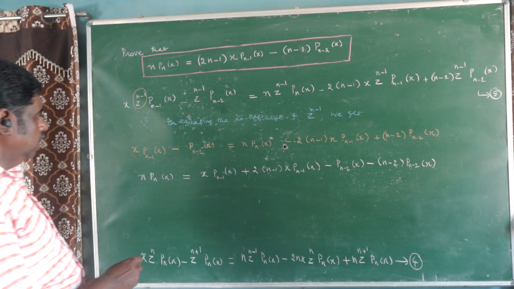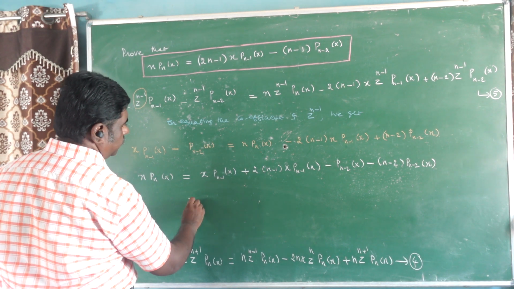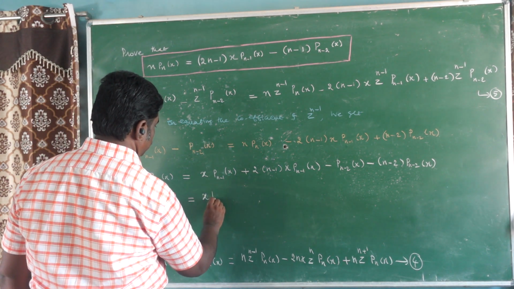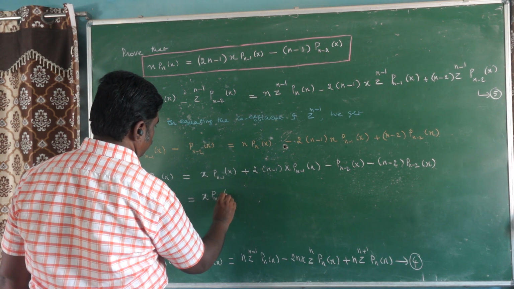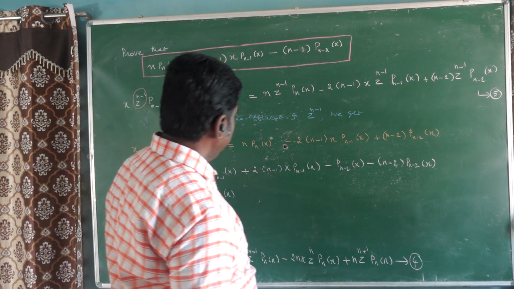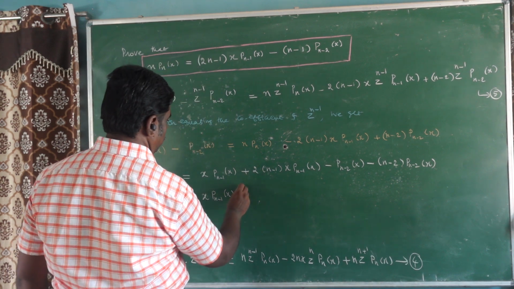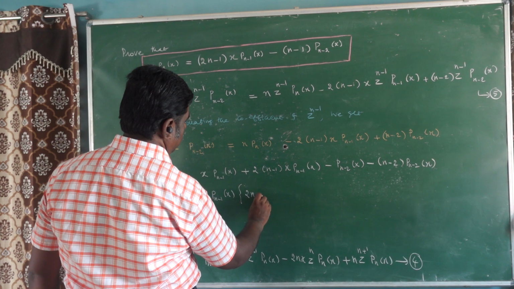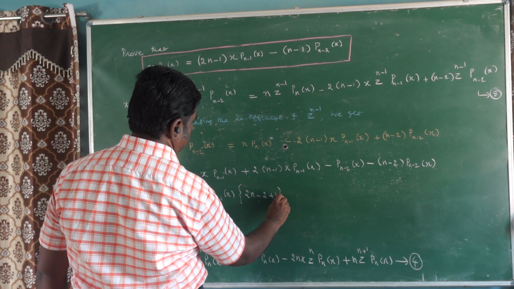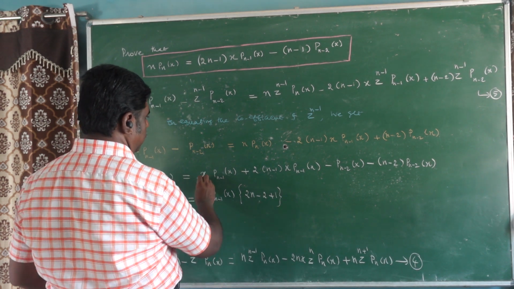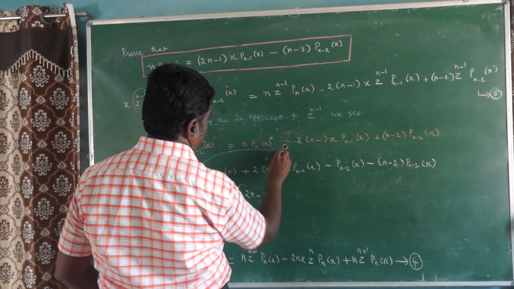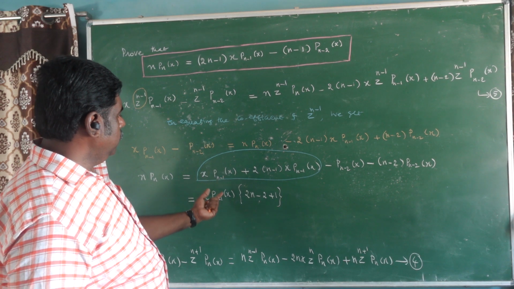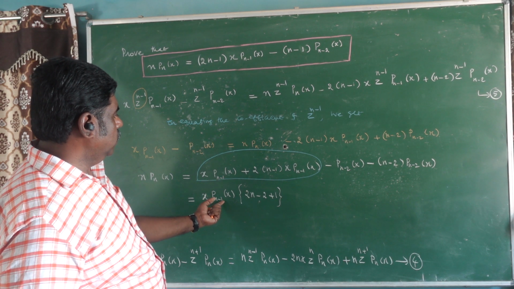Then this is equal to, take this x P n minus 1 of x as a common term. We have to write 2(n minus 1) plus 1. Just we have combined these two terms. x into P n minus 1 of x is taken out.